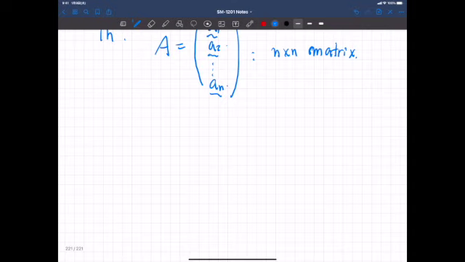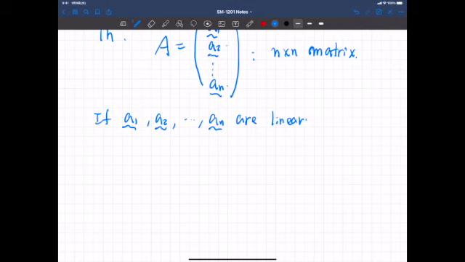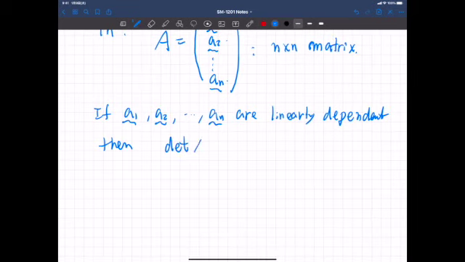Then if A1, A2 up to An are linearly dependent, then the determinant of this matrix is 0. So the determinant of A is 0.